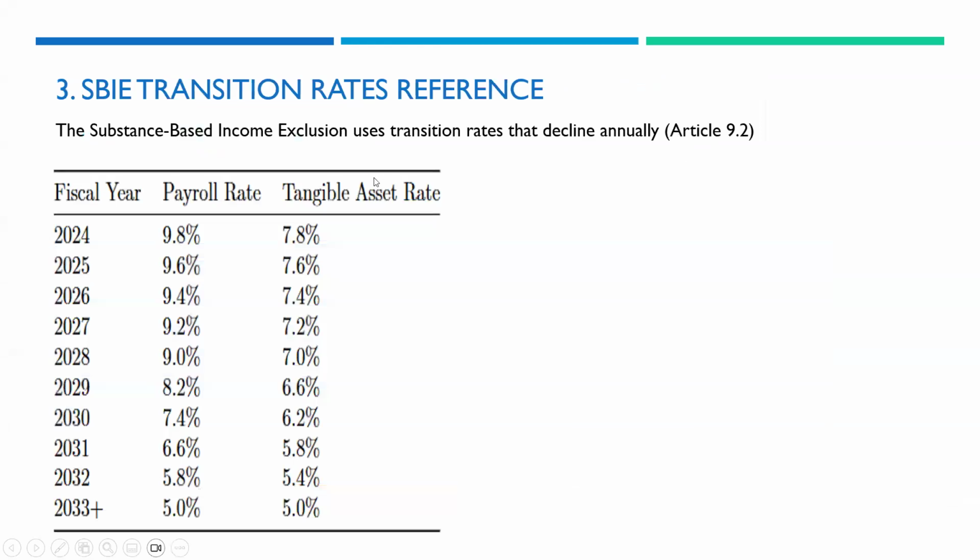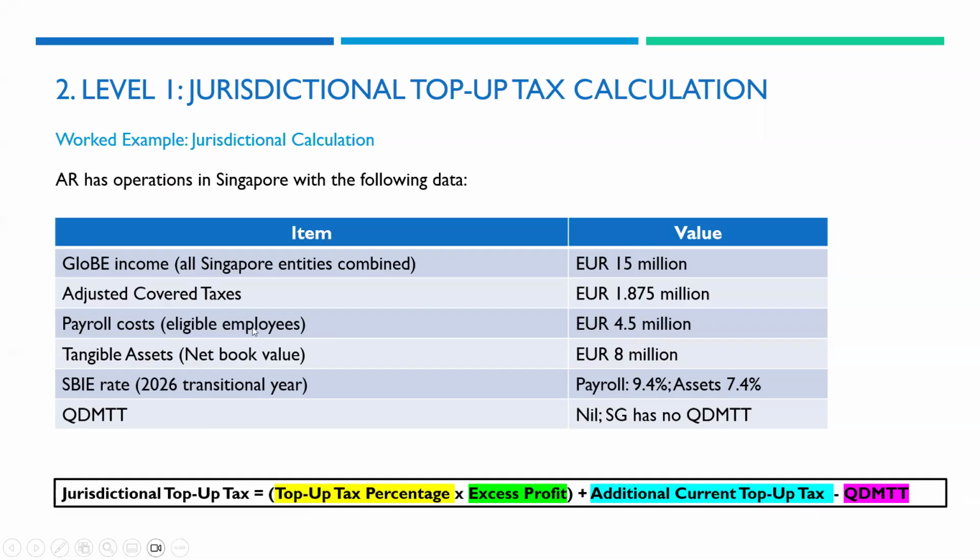Now let's go. Substance based rates are a fixed rate that is given in the law itself. So basically, in 24, it's given as 9.8 and 7.8. Okay, in 25, 9.6. Since we are doing it in 26, in the previous question we have taken the 26 transitional year payroll and asset cost.